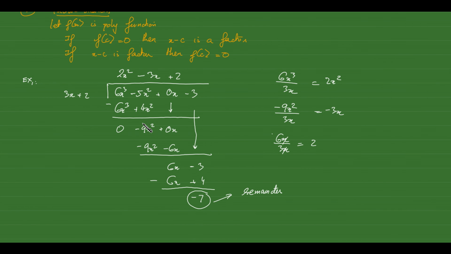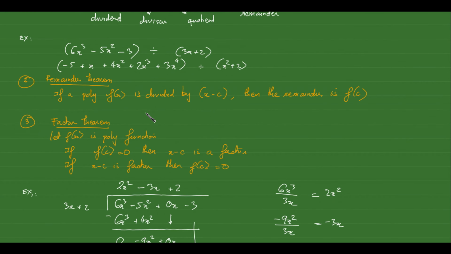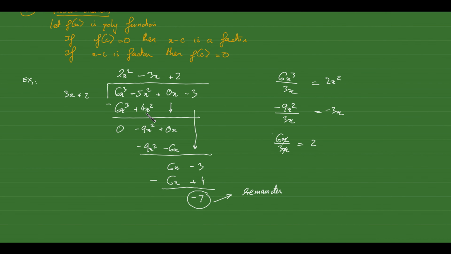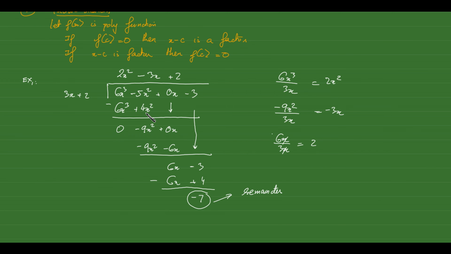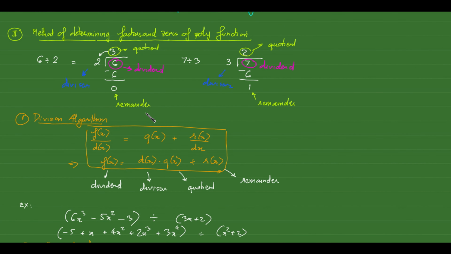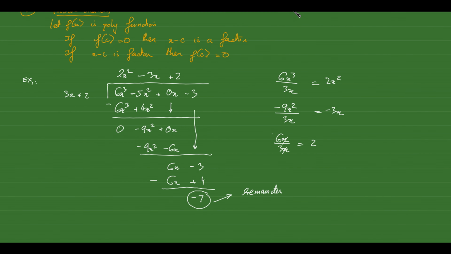There's another type of division we call synthetic division. The way we set up synthetic division, we're not doing the algorithm anymore. Instead we're using the coefficients to do synthetic division.